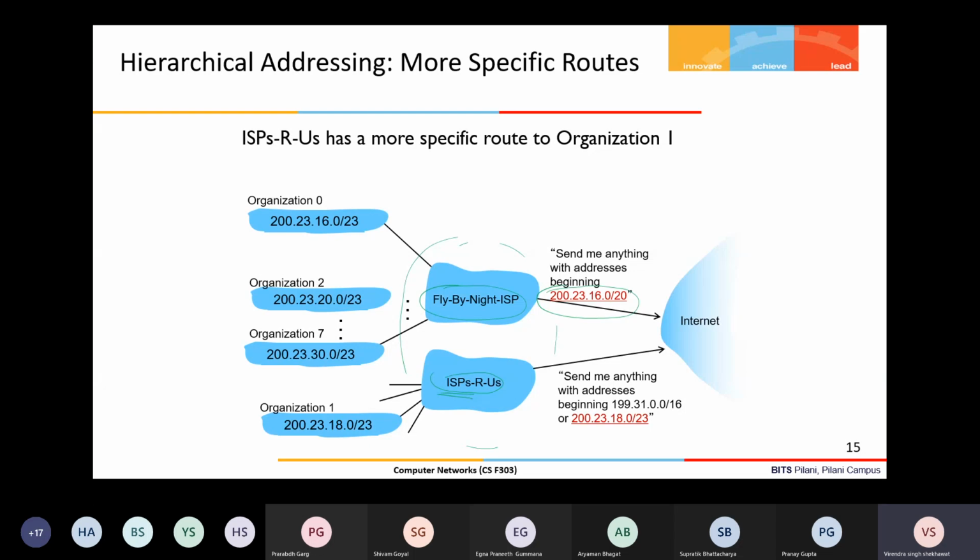Now one solution is that, because this ISP is dealing with this address block 199.31.0.0/16, organization 1 will change its IP address block, which is provided by this new ISP, a subsidiary of the original ISP.